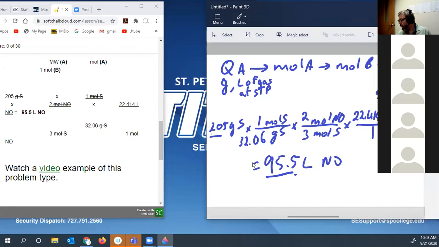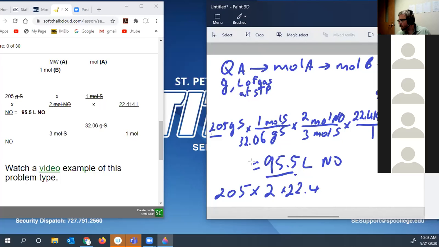Now, let me give you a calculator tip here to help you out. When I'm doing these, a lot of people like to do it in order. I prefer just to multiply everything across the top and divide everything on the bottom. So this works pretty well. So you go 205 times 2 times 22.414.